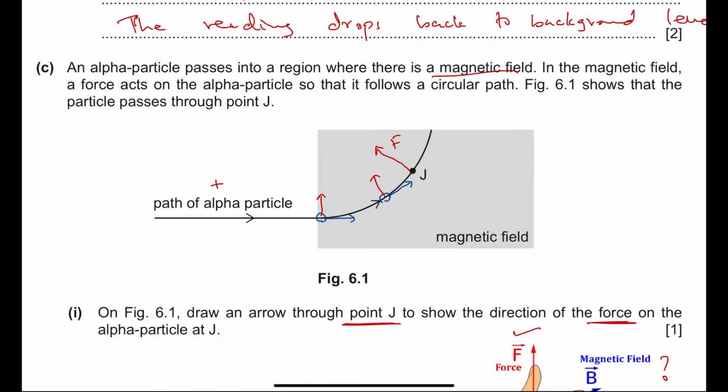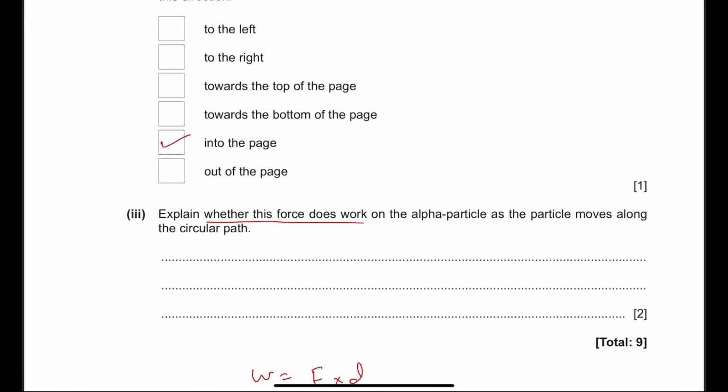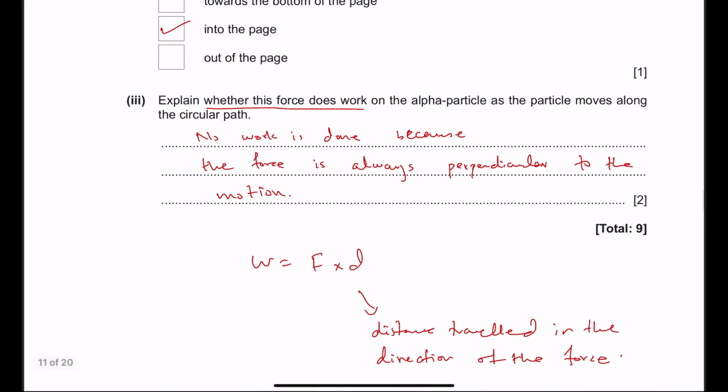If at point J the velocity is somewhat like this, then the force is 90 degrees to that. So since the force is always perpendicular to the motion, we say that no work is done at any given point.